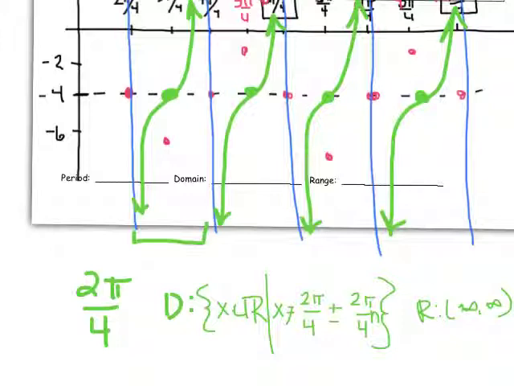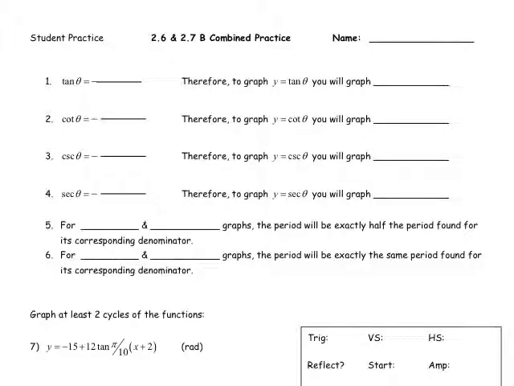Alright, I'm going to go ahead and just take a look at y'all's homework and get y'all started. Okay, so this is y'all's homework. What I'm looking for right here is just to put what the ratio is equal to. So for tangent, it's sine over cosine. For cotangent, it's cosine over sine. For cosecant, it's 1 over sine.